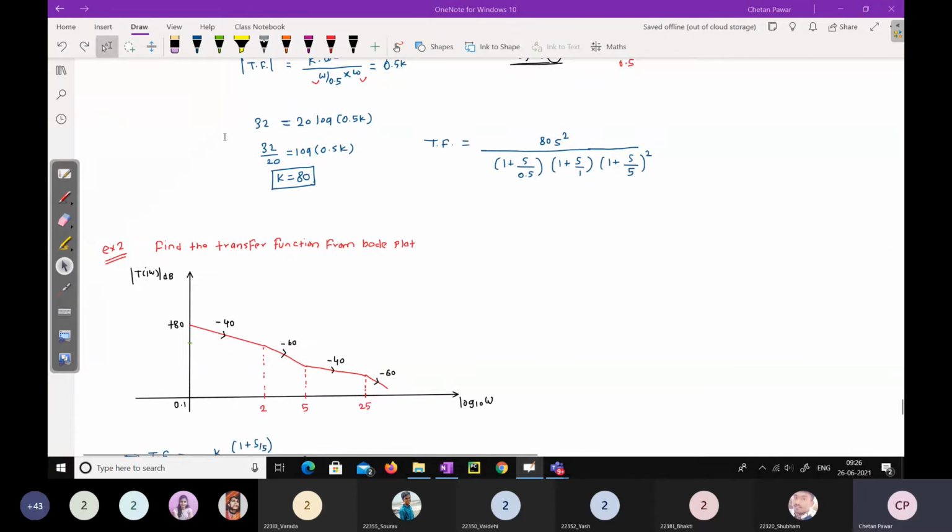Now the first step in finding the transfer function from the Bode plot is to check the initial slope. What is the initial slope here? Minus 40 dB per decade. So how many zeros or poles are at the origin?